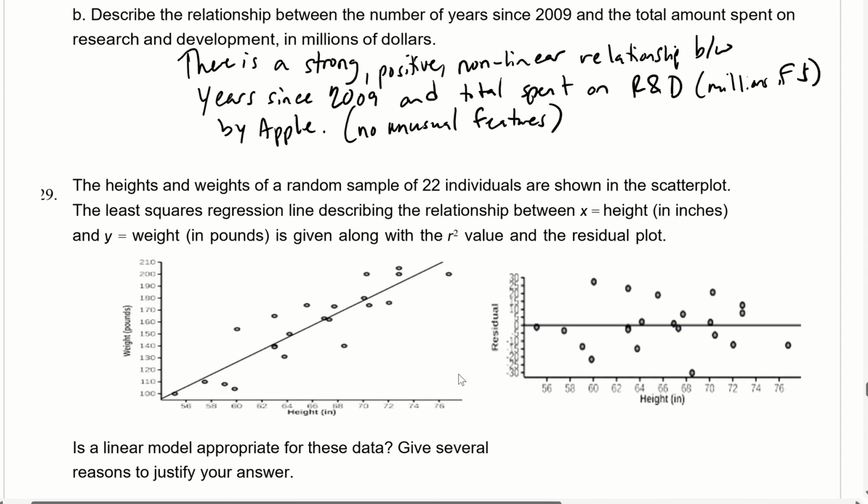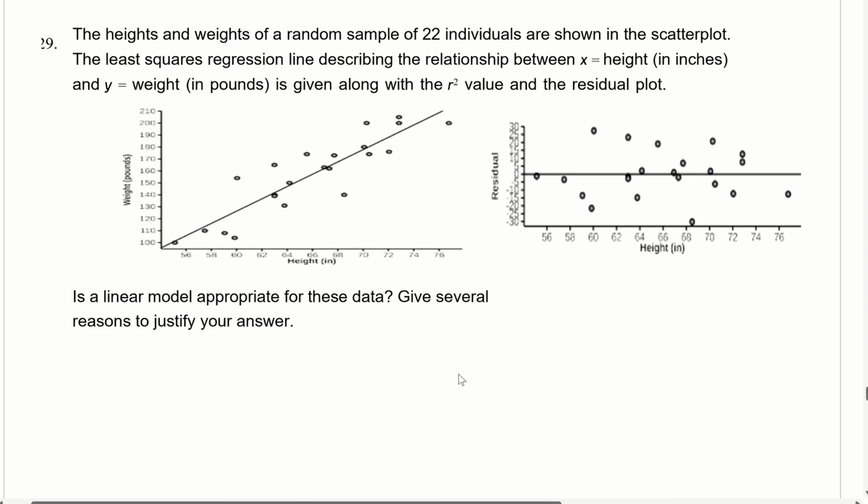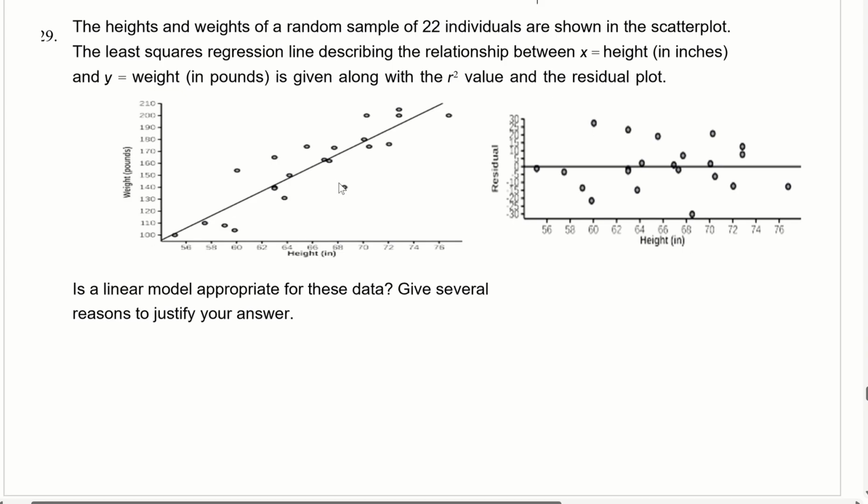All right, so number 29, the heights and weights of a random sample of 22 individuals are shown. They're asking, is a linear model appropriate for these data? Well, the scatter plot appears to show a linear trend, and the residual plot appears to be random. So that's good. So is a linear model appropriate?